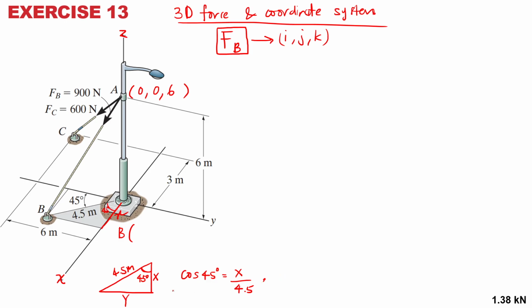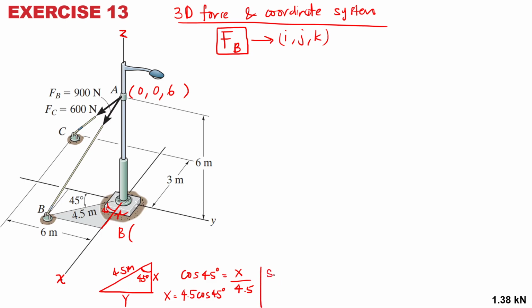So X is equal to 4.5 cos 45 degrees. Okay, so this one will be 4.5 cos 45. This one, X. How about Y?